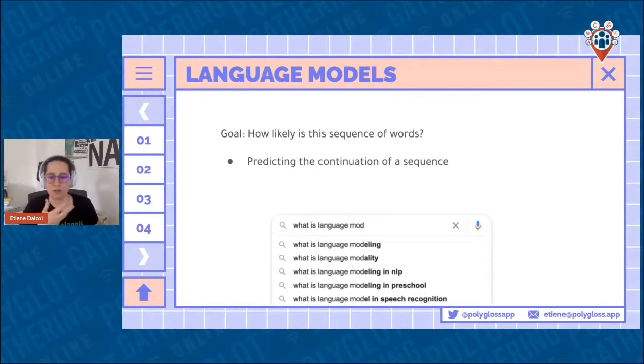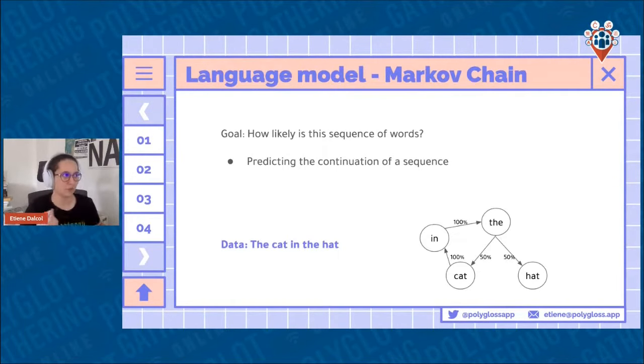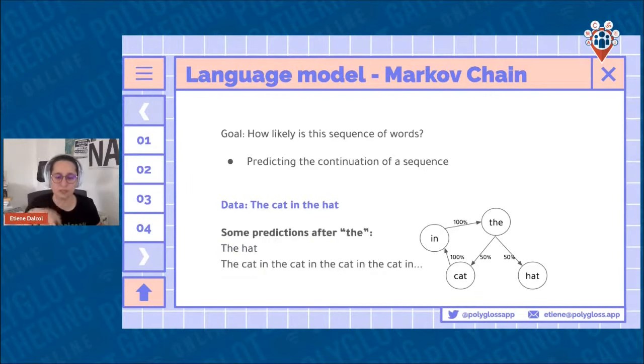So how do these language models work? One way, and one of the ways these models used to be built, is by calculating how we transition from one word to another in a given data set of text. So for example, for a data set that has this one sentence, the cat in the hat, we can start making predictions based on how the data set goes from one word to another.